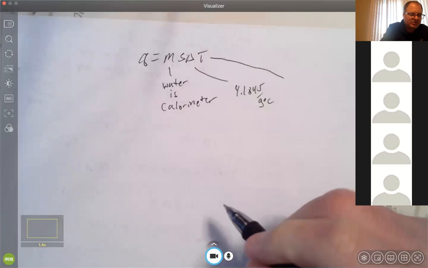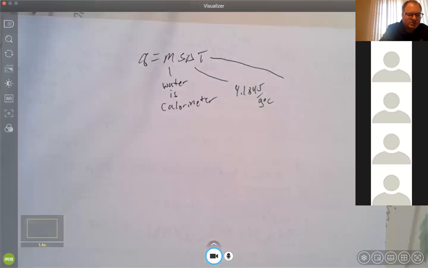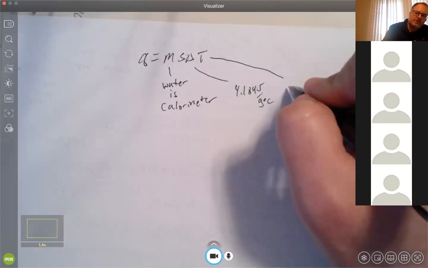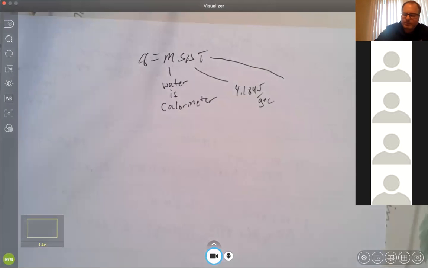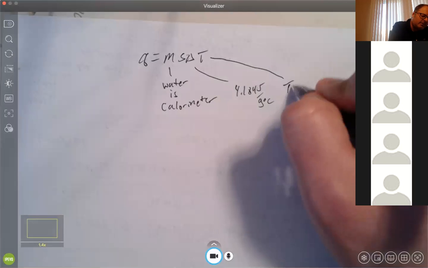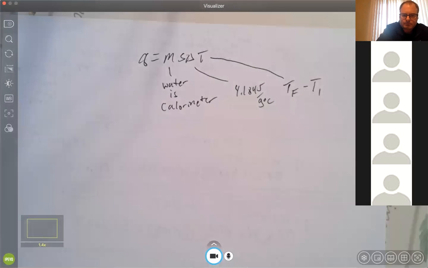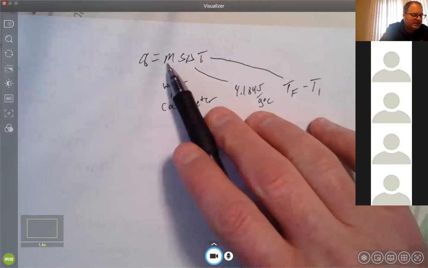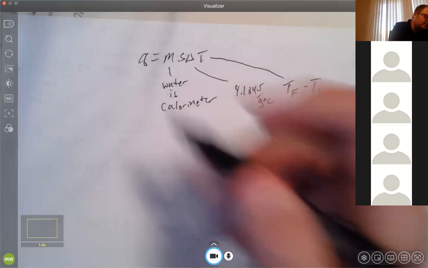You know the change in temperature of the water, something like 22 or 20, and then when I put the metal in there, it went up to 22 or 24. So that is T final minus T initial. Again, that was an endothermic process. The water in the cup absorbed energy from the piece of metal. So with these three things, you should be able to find the heat the water absorbed.